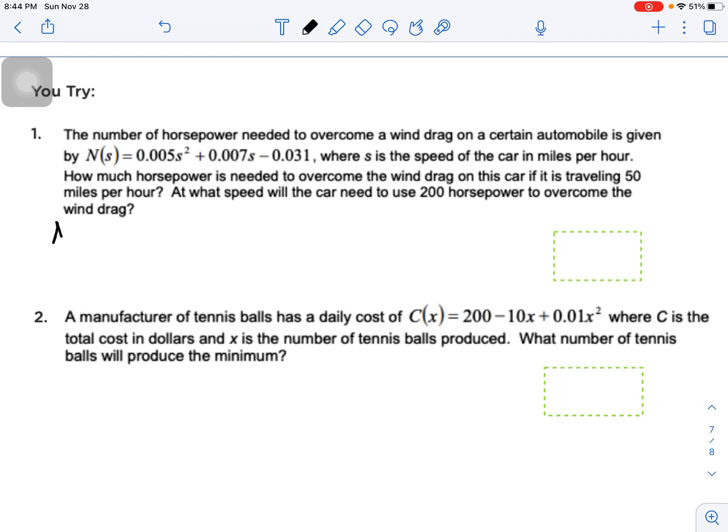So I'm going to calculate N of 50, which means I'm going to substitute in 50 for S. There's lots of decimals here, so be careful when you type it into your calculator.